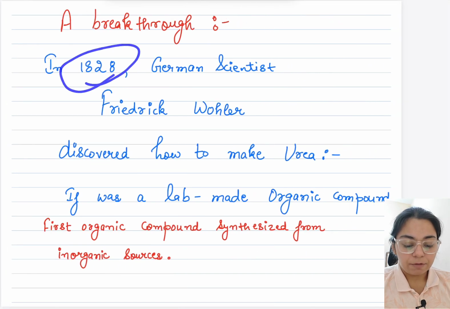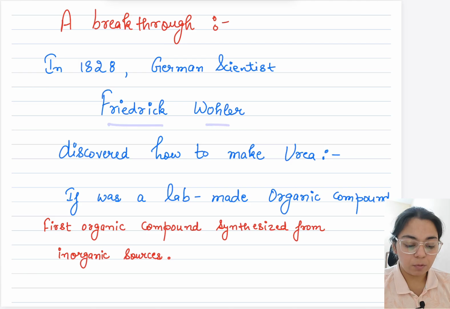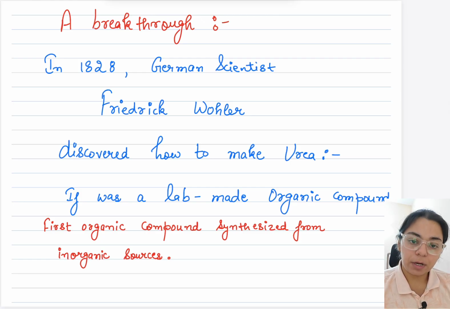The first time in history, Frederick Wöhler, a German scientist, in 1828 discovered urea. He prepared urea in the lab itself. Urea was prepared from inorganic substances, but it was an organic substance in itself. Since then, the point of view of organic and inorganic has been changing.